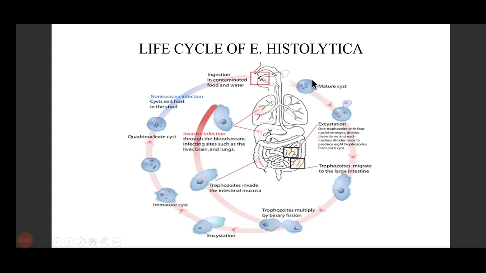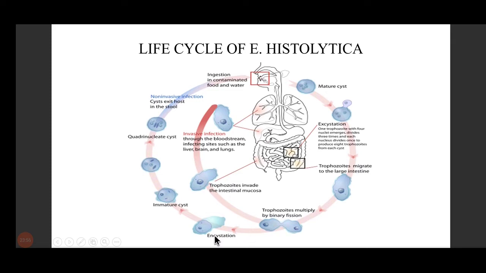They form ulcers, and on perforation, they can invade through the blood vessels and reach various sites like liver, brain, or lungs.